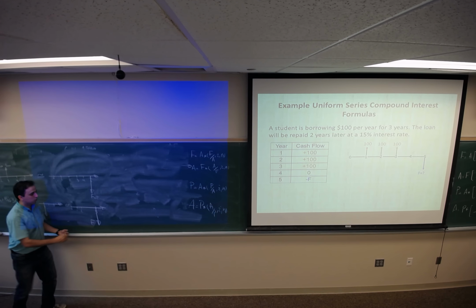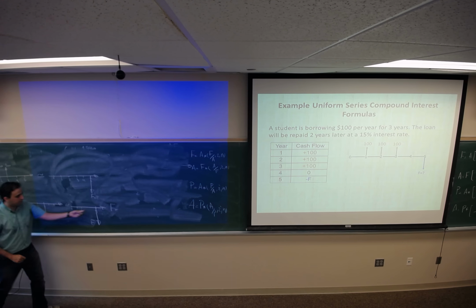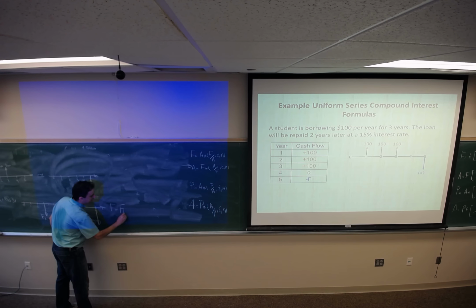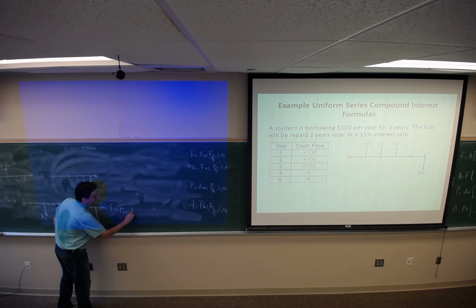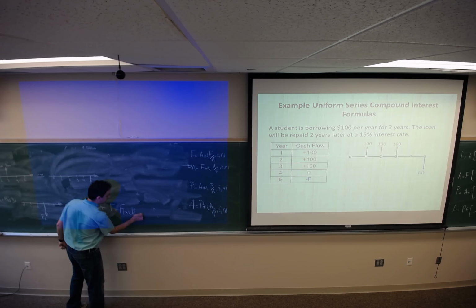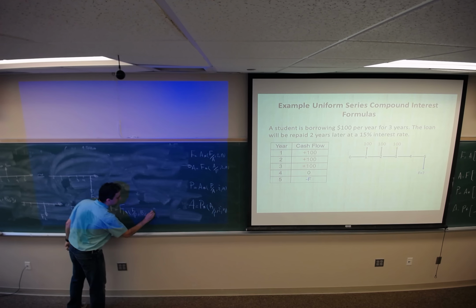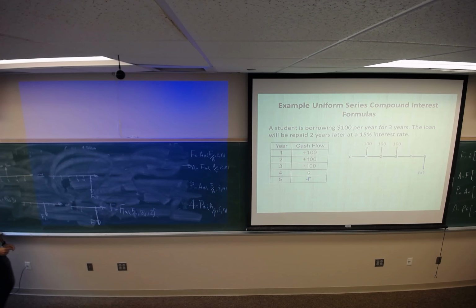So F equals F1, which is a present value that has 2 years distance from year 5, times P over F, interest rate of 15%, and N equals 2.